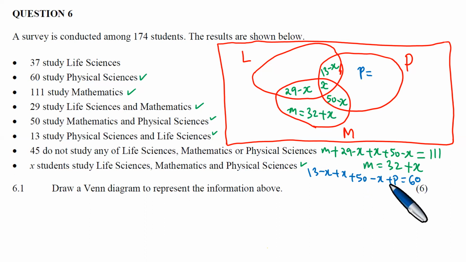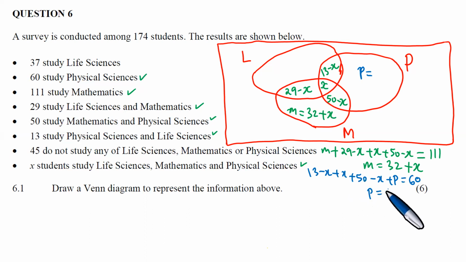But in the end, we want to get what p is. If 60 do physical sciences, it's not that they only do physical sciences, okay? But how many only do physical sciences? So we subtract. We have the 50 and the 13, and then x minus x is 0.